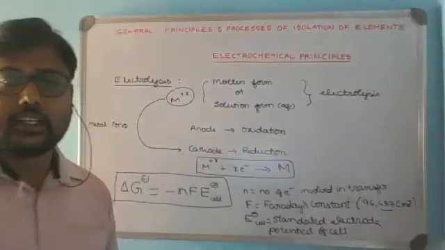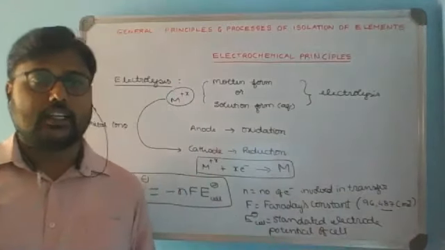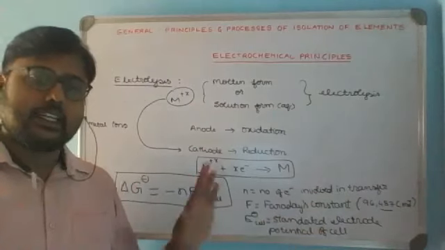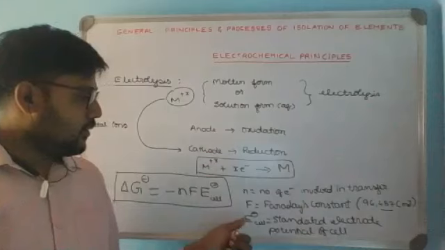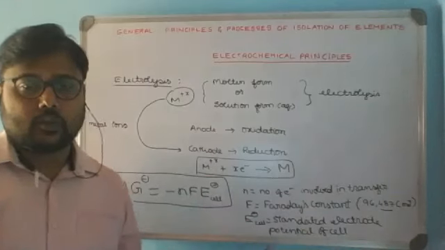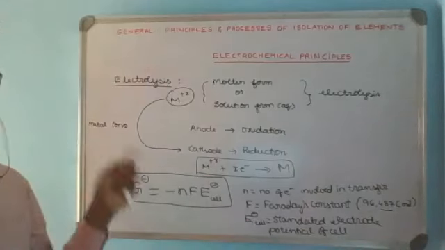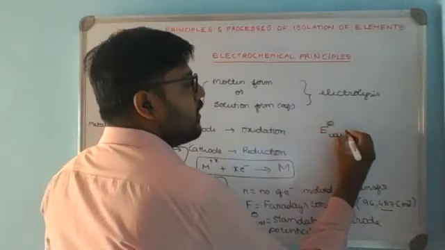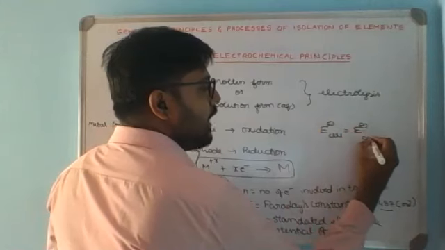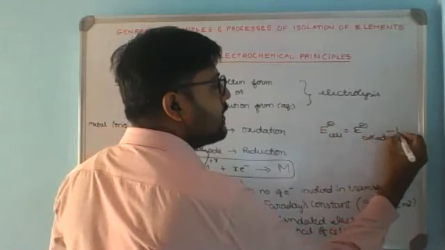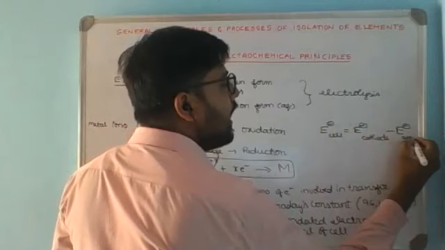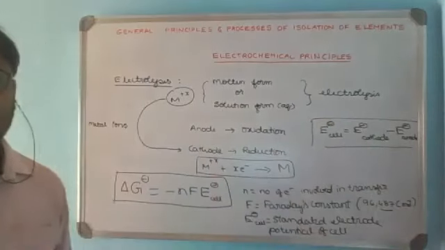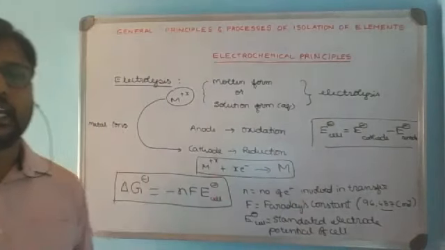Again, about standard electrode potential of the cell, we learned in the redox equation and the electrochemical series concept. Again, that we are learning in electrochemistry also. So this standard electrode potential of any given cell, that is with respect to the electrolytic cell, can be calculated as the standard electrode potential of the cathode minus the standard electrode potential of the anode. By using this, the EMF of a cell or standard electrode potential of the cell can be calculated.